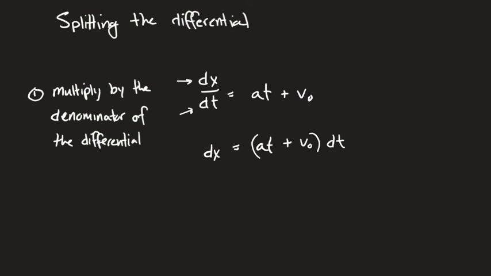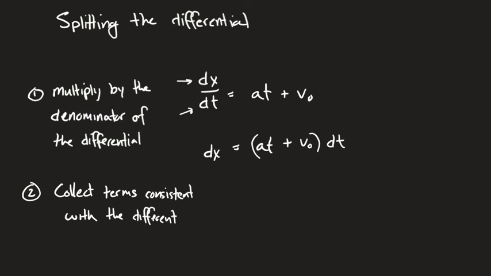So I'm just multiplying both sides by dt. The next step takes students off guard, but it's just algebra. You need to collect terms. You need to collect terms consistent with the differential.